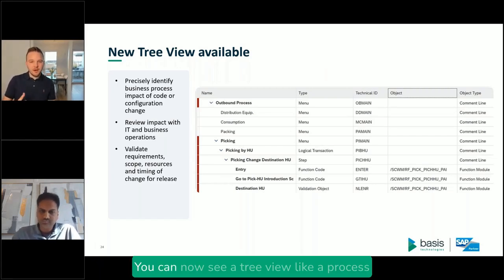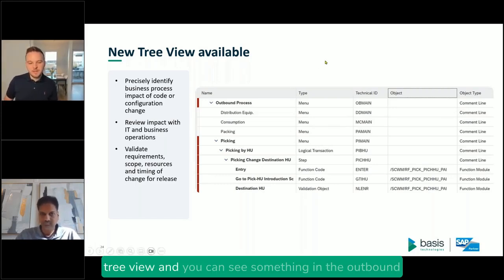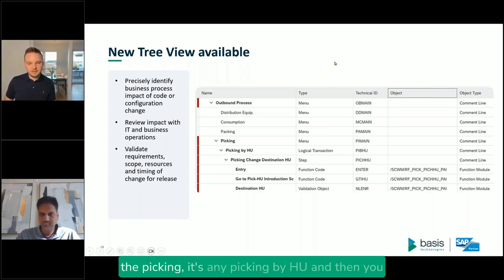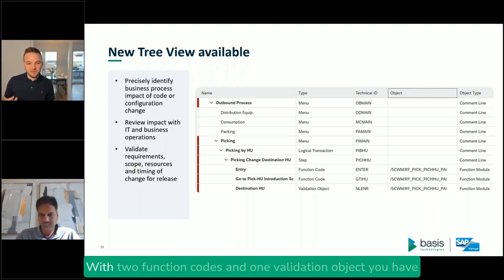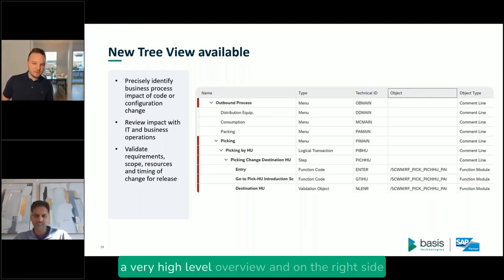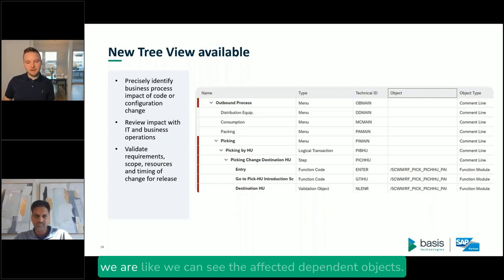So you can now see a tree view, like the process tree view, and you can see something in the outbound processes is affected. When we drill down more, it's in the picking by HU, and then you can see the picking change destination is affected with 2 function codes and 1 validation object. You have a very high level overview, and on the right side, we can see the affected dependent objects.